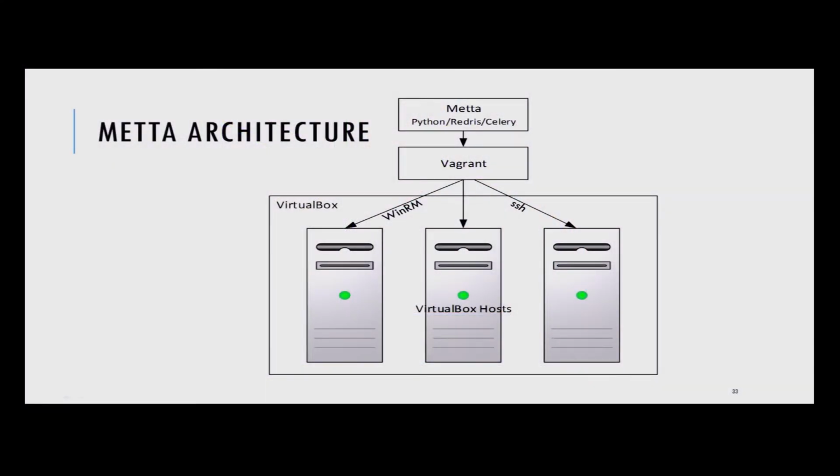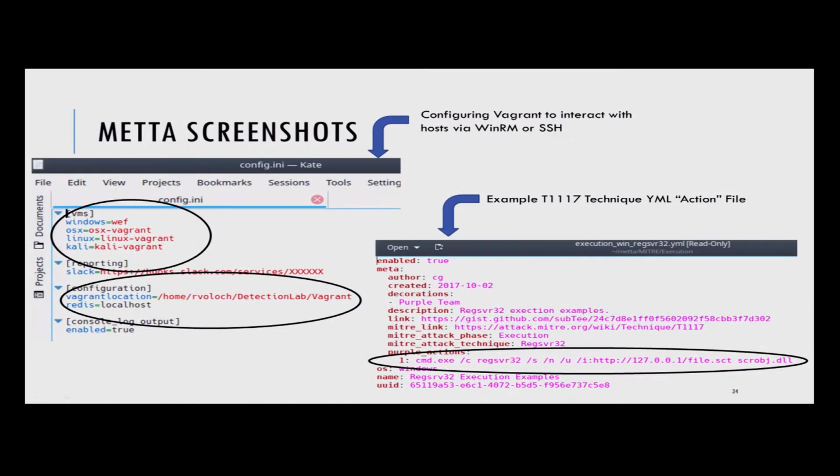So the architecture, again, is the biggest difference with this tool set. You have your METTA server at the top, which integrates with Vagrant to issue commands down to each of the hosts in your VirtualBox or VMware environment. Here are some screenshots. On the left-hand side is the configuration and the integration with your Vagrant hosts.